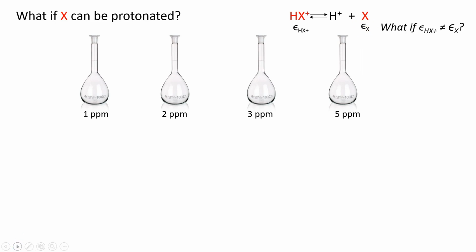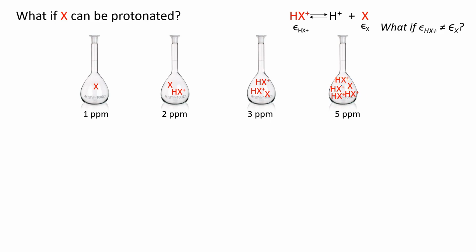And what if they're not equal? So at low concentrations, perhaps the major form is X, but at higher concentrations, you're going to get more and more of that protonated form. Look what happens at 3 ppm. And look what happens at 5 ppm.